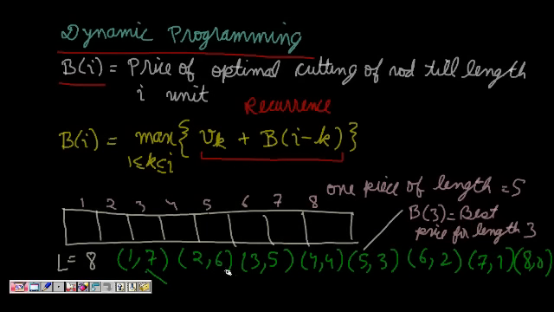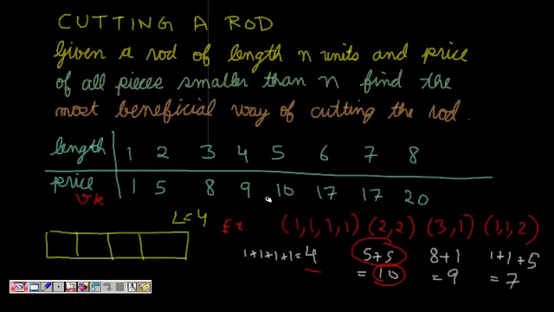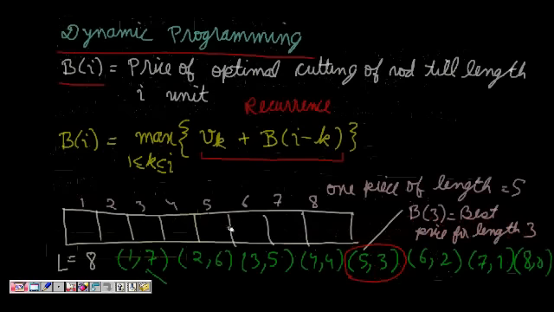So let's see. I have a rod of length 8, and this 5, 3 represents that I have a length of 5, for which I get a benefit of 10 units, and then a rod of length 3, for which I have the best price of cutting it in many ways, like 1, 1, 1 or 1, 2.